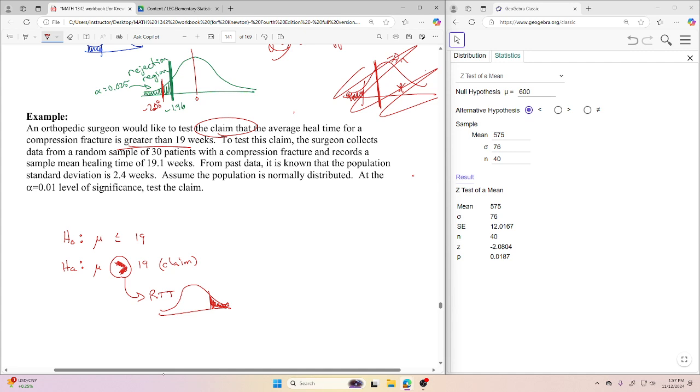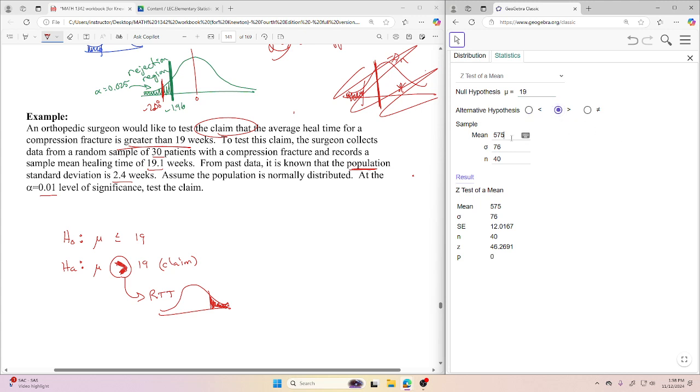Then, to test this claim, the surgeon collects samples from 30 people and records a mean. The population standard deviation, that's again in this section, is 2.4, with alpha of 1%, and here we go. So I need to put something up here. What do I put in this box? 19. A, B, or C?